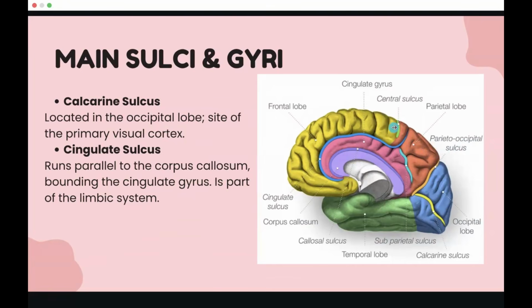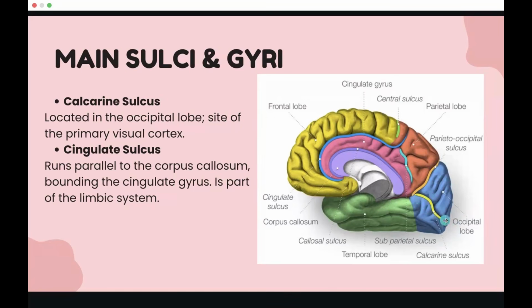Two other sulci that are important to know are the cingulate and the calcarine sulcus. The calcarine, I believe it's called that, I'm not sure, is located in the occipital lobe, and it's the site of the primary visual cortex. It's over here. We'll also talk about it later. It's all in the occipital lobe; it's not between any two lobes.